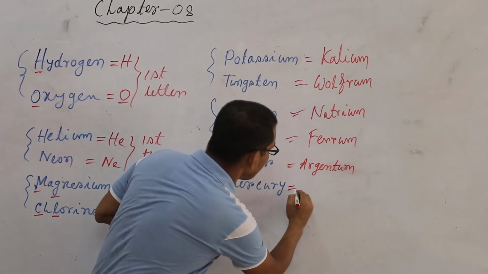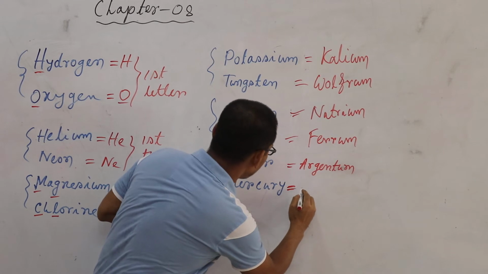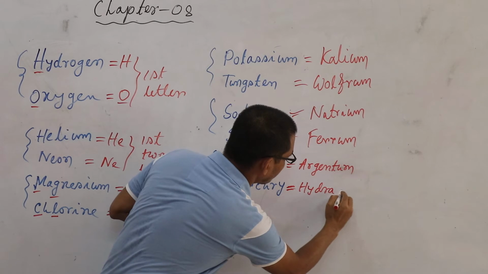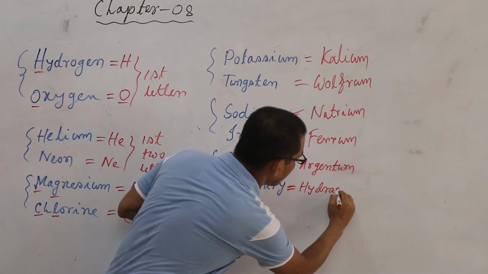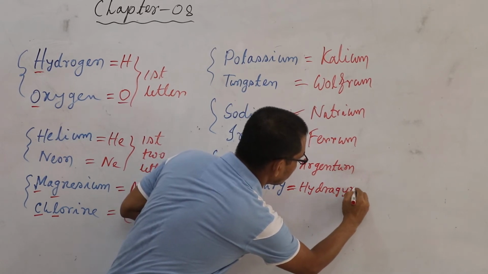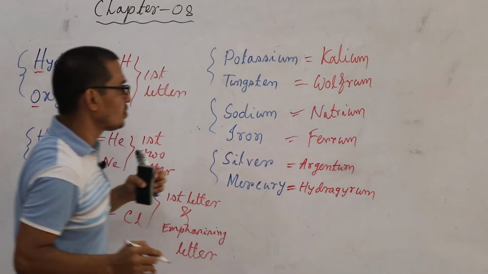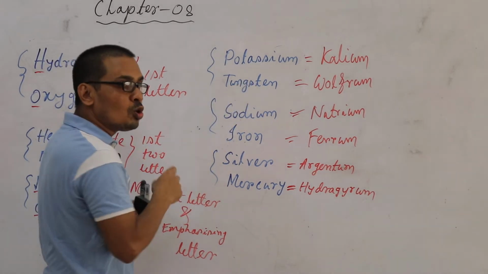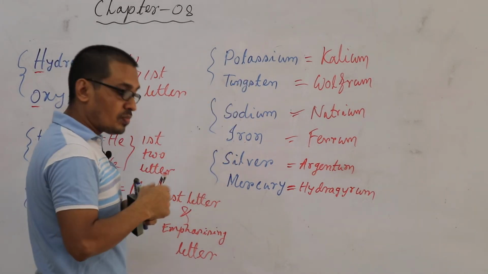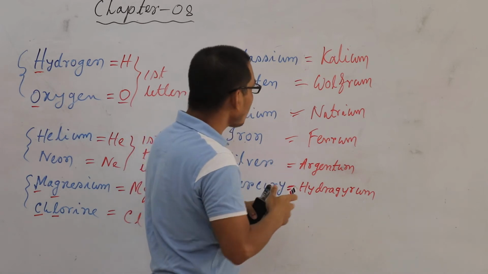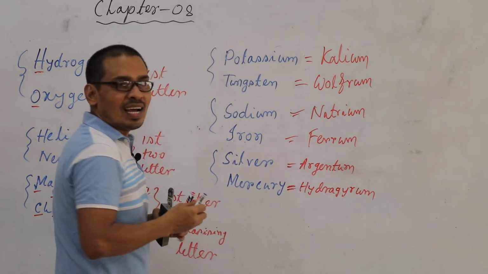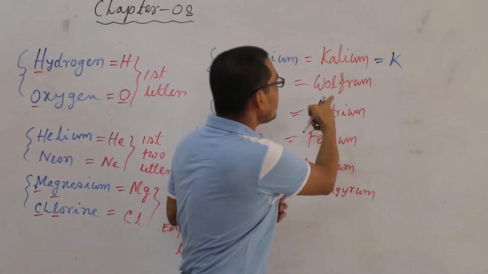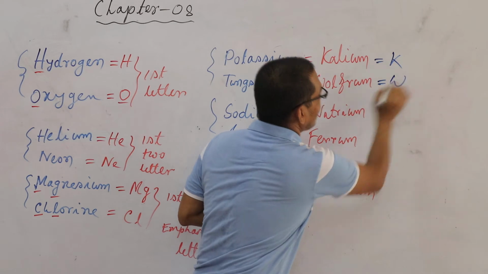And for mercury, Hydrargyrum. In this case, we will use the Latin name of the element. Potassium, Latin name Kalium, so it will be K. Tungsten, Wolfram, it will be W, the first letter.